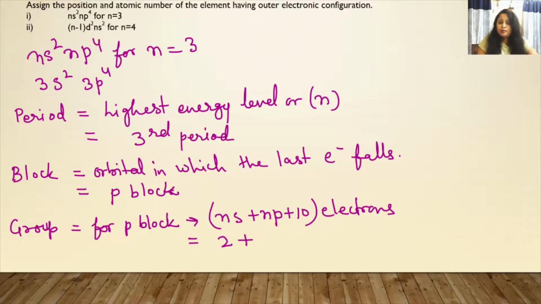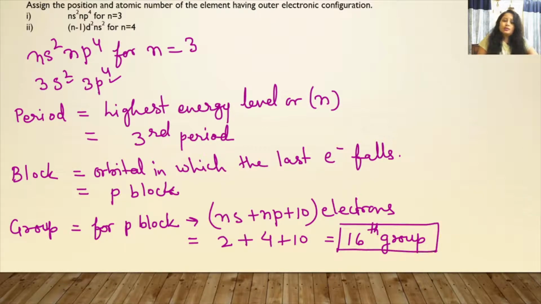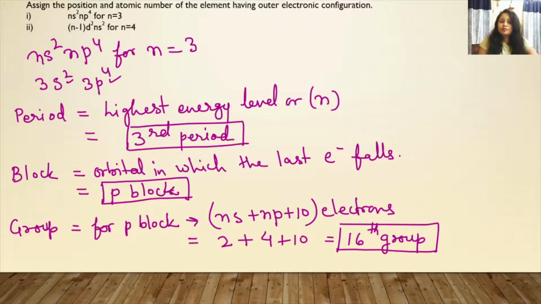Now 3p having 4 electrons. Plus 10. So what is the number? 10 plus 4, 14 plus 2, 16. So we can say our element belongs to 16th group. So the given element is from p block, third period and 16th group. This is the exact and correct location of the given element.